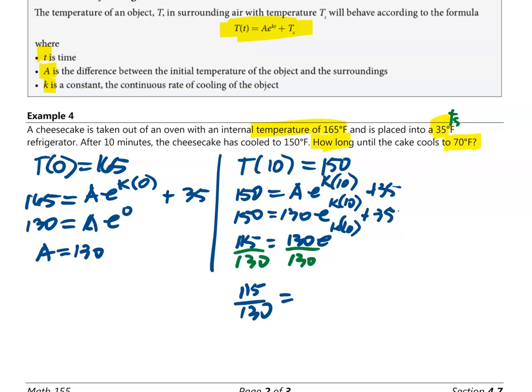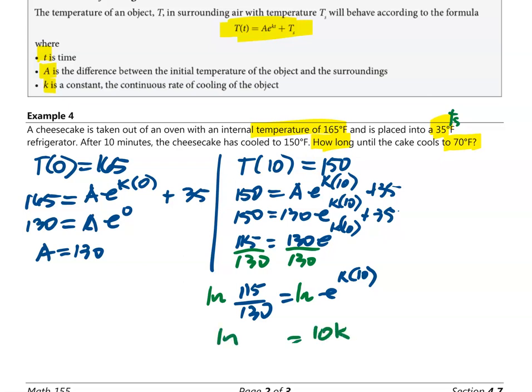Then here, e to the power of k times 10, and to solve for k, we take ln of both sides. Ln of e to the power of k10 is simply equal to just k10, or 10k.